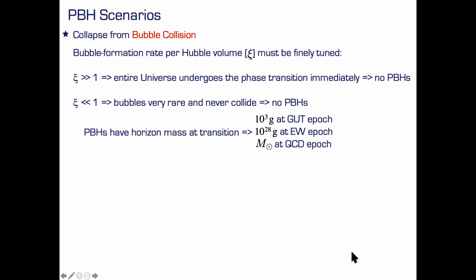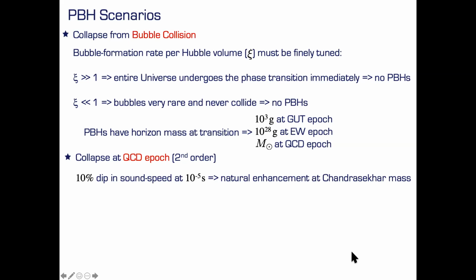Okay, and this is for the first type, first order phase transition. Then you have second order phase transitions, the smoother ones. This is a simulation by Chris Byrnes and collaborators. They calculated the sound speed or the equation of state parameter here as a function of scale or time, which you can translate in terms of horizon mass, because at each of these times the mass of the horizon is different.